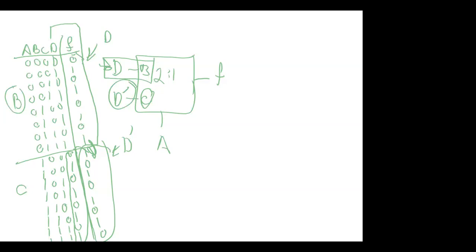Suppose we're given a 74154. The 74154 is a 4 to 16 decoder.